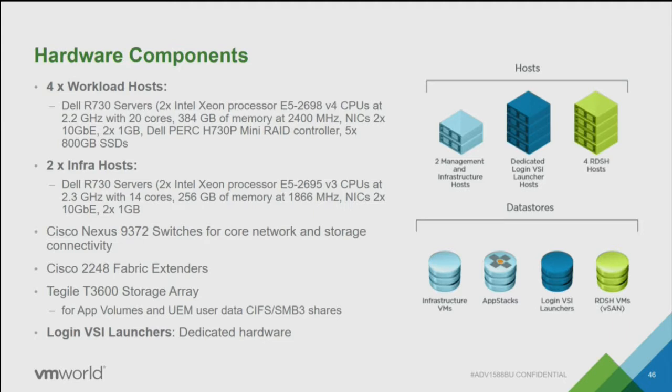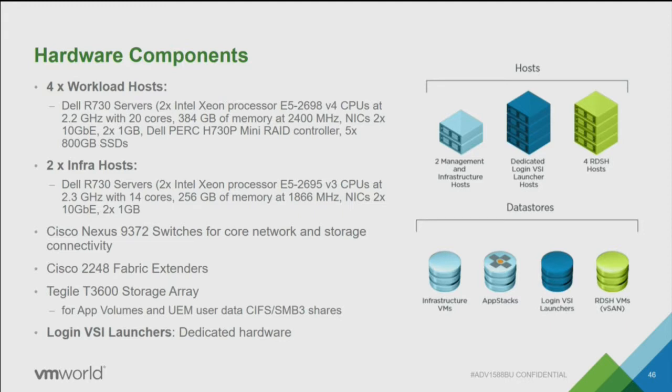That's using the E5-2698, a little bit higher end processors, the Broadwell V4s. That was 384 gigs of memory with 5 800 gig SSDs, a single drive set for a single datastore for vSAN for the RDSH systems.